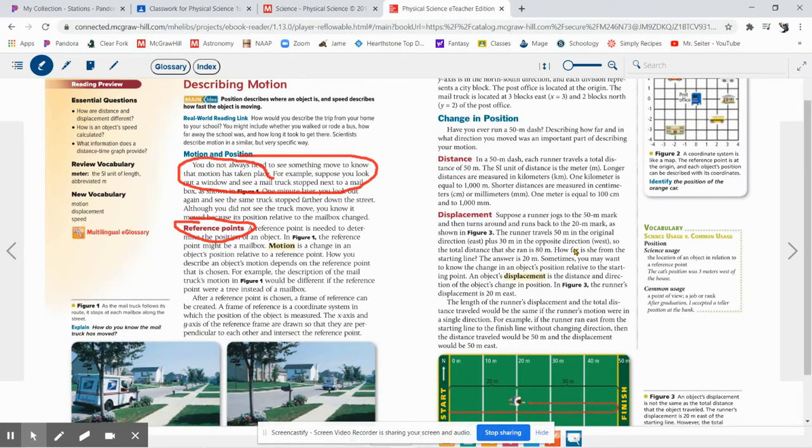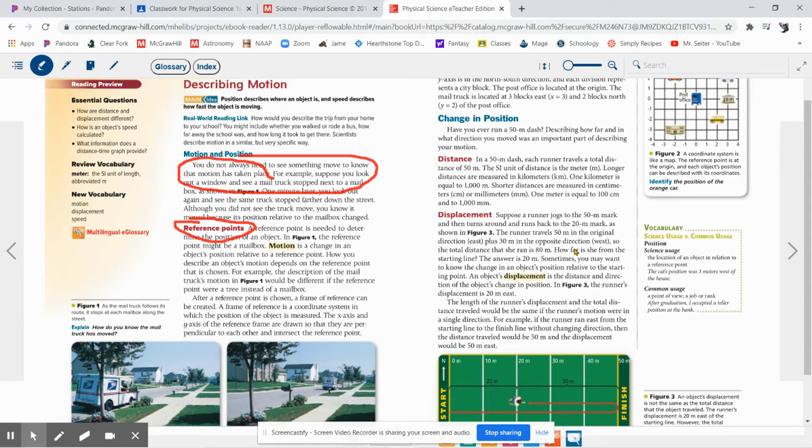Displacement, on the other hand, is a straight line from point A to point B. So it would be a straight line from the school to Walmart. You wouldn't have to count all the roads and all that. Distance is the total path taken. Displacement is a straight line from point A to point B.